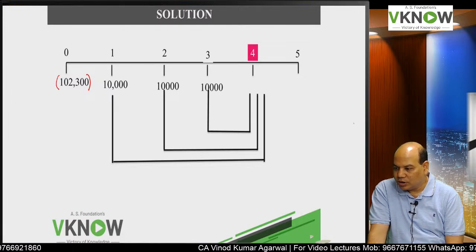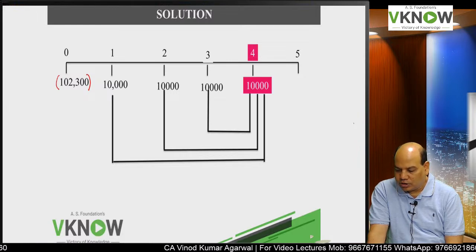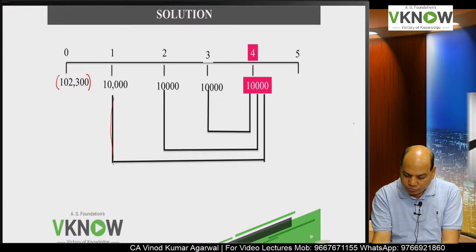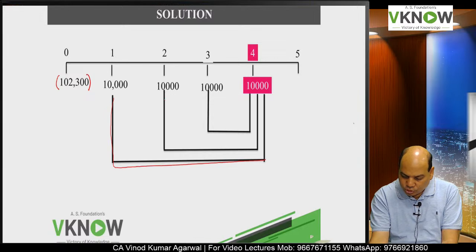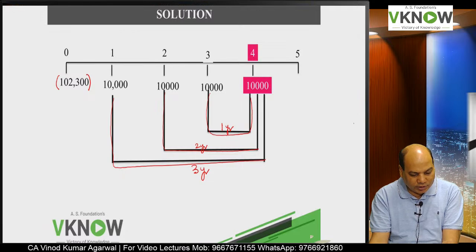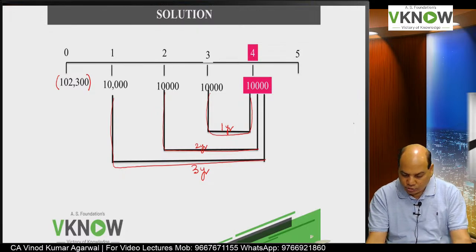In year 3 you will get 10,000 rupees coupon. And in year 4 also you will get 10,000 rupees coupon. So you are going to invest these coupons for 3 years, 2 years, 1 year at the reinvestment rate which is 12%.